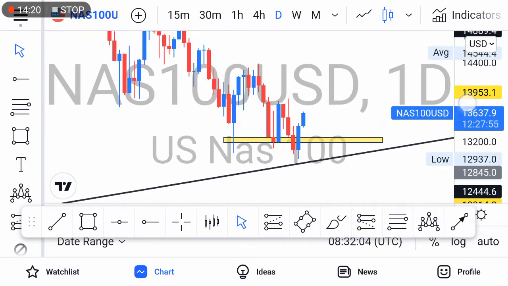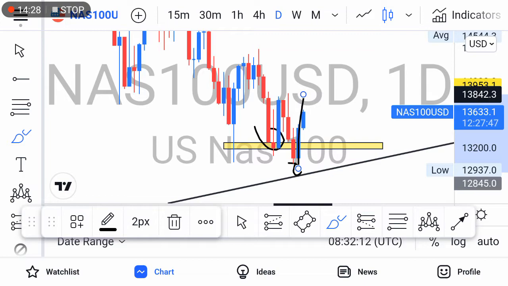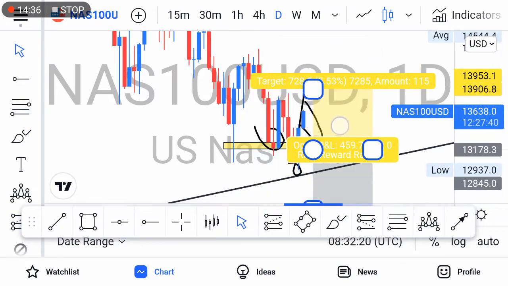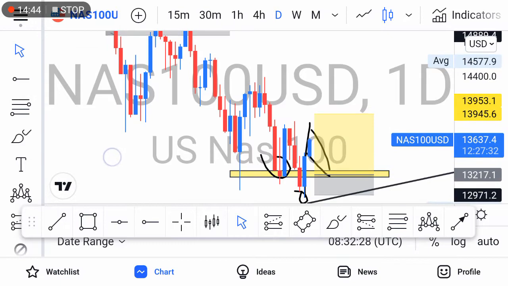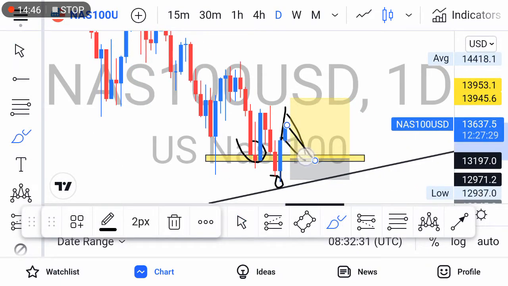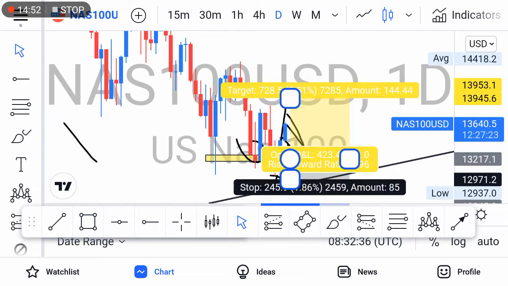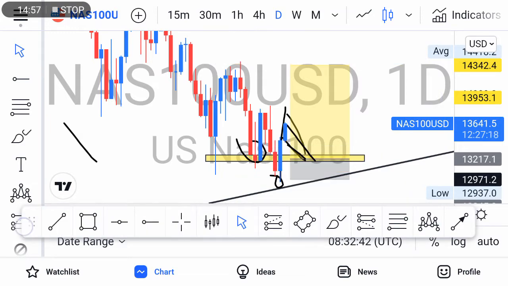So I will consider this as our left shoulder. This is our head, and we say price must move away from our trend line, come and retest our zone. So at current market, we're still expecting to take an entry. Only once price comes and retests here are we going to take our entry, and we might target here.